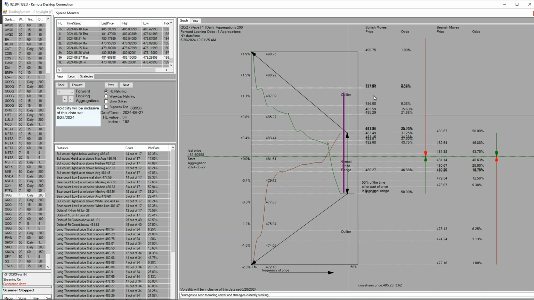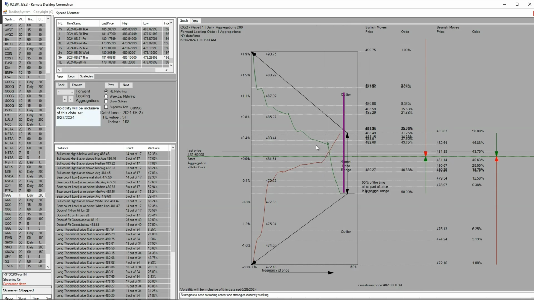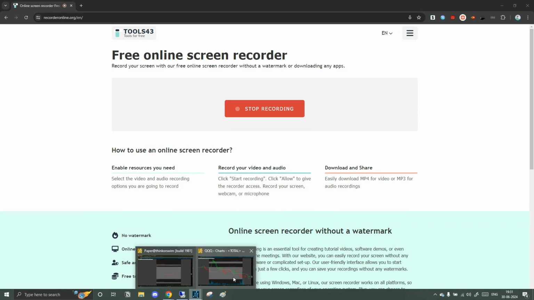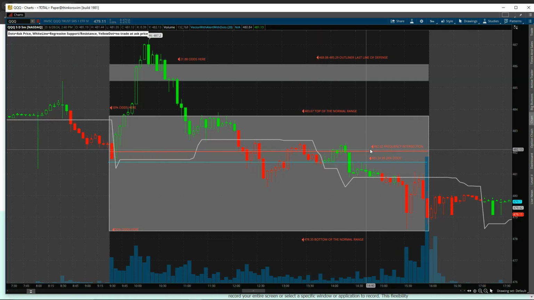Next we have the price, or you can say the frequency intersection right here. We have that plotted out on our TOS charts. That is the frequency intersection, 482.02. Why did I mark that out? The intersection of the frequencies acts as a price magnet.